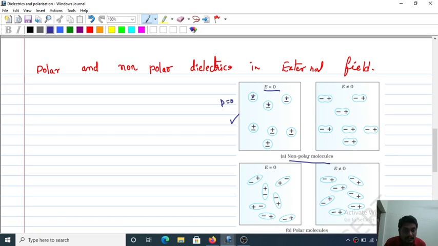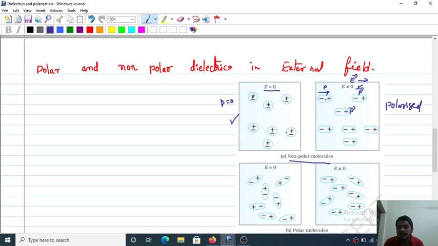But when the same non-polar dielectric is placed in an external electric field, the negative charge is slightly displaced from the center of positive charge. So a small dipole moment exists, represented from negative to positive charge, and these molecules are said to be polarized.